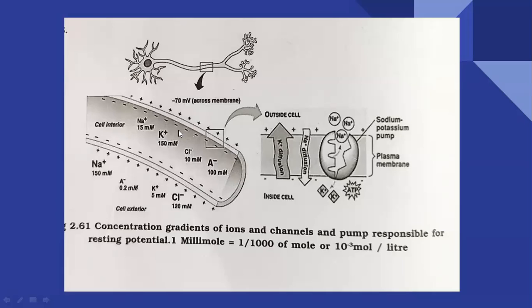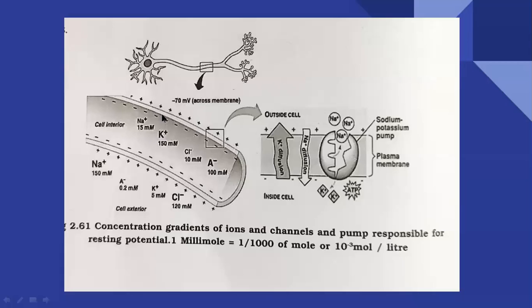In the previous class, I told you that inside the neuron, cytoplasm is there, or we can call it neuroplasm. Neuroplasm or cytoplasm is present inside this neuron, and outside this neuron, extracellular fluid will be there. The extracellular fluid is a liquid, and the neuroplasm or cytoplasm is also a liquid.